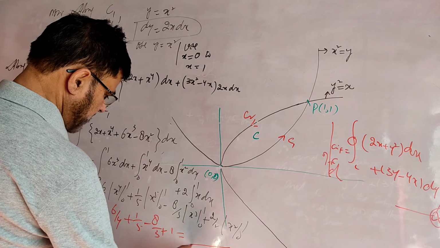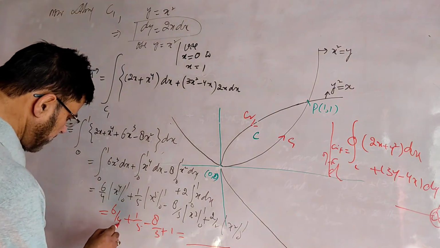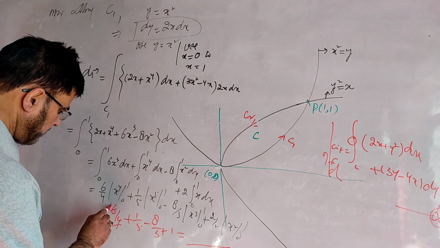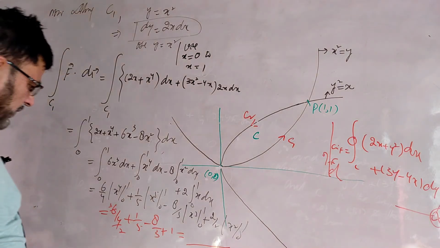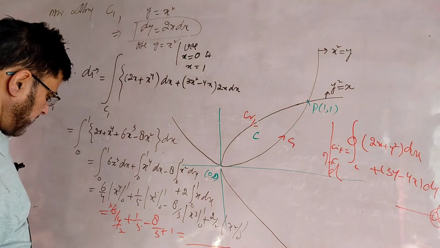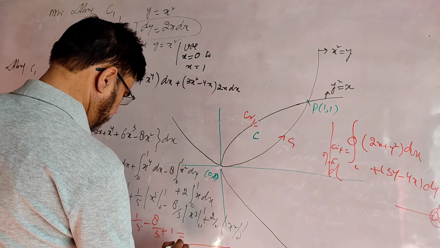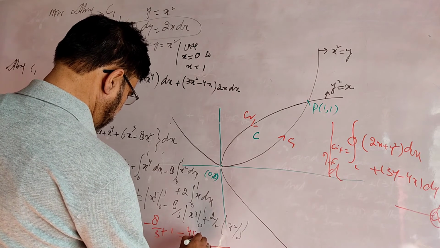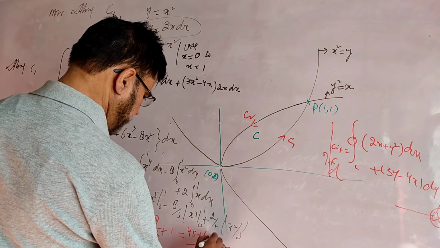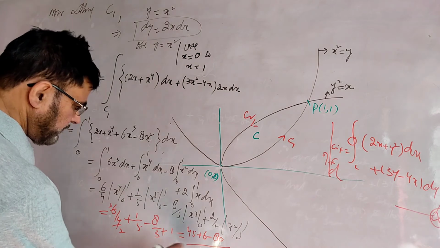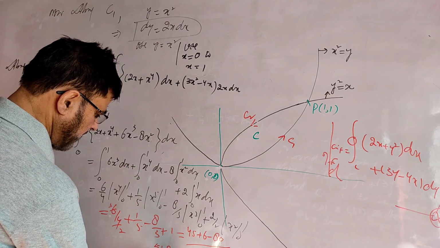So you can take the LCM here. Let us take 30 as the LCM. I can take 30 here. It is 45, plus 6, minus 80, this is 51 minus 80 by 30.